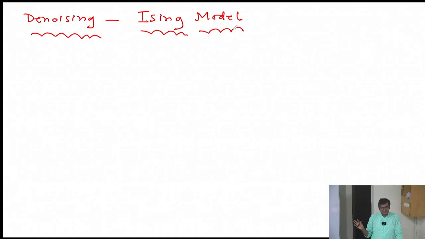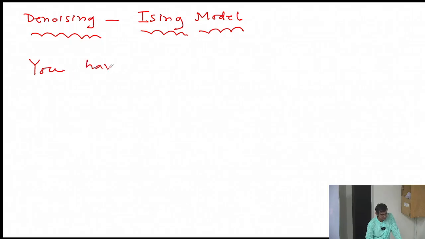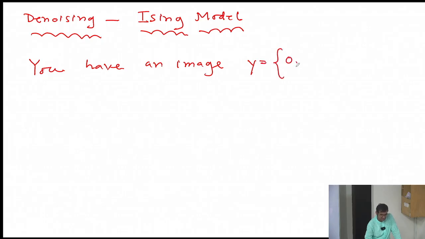So the Ising model is basically about denoising. The idea is that we have an image y, and the image will take either 0 or 1. That's what he was saying, that magnetic changing the pole. And let's take a small one, so 3 cross 3. And this is a clean image.